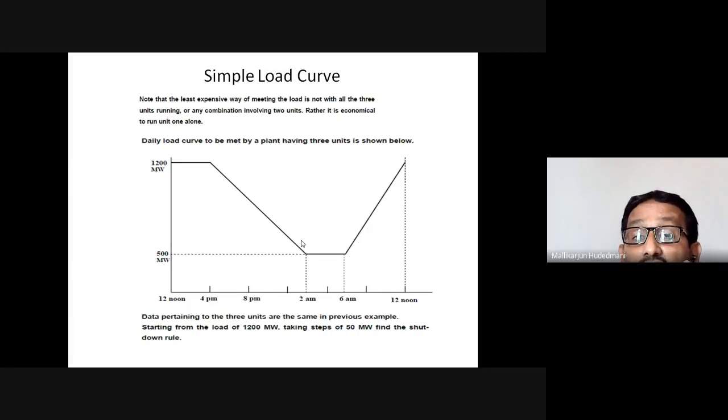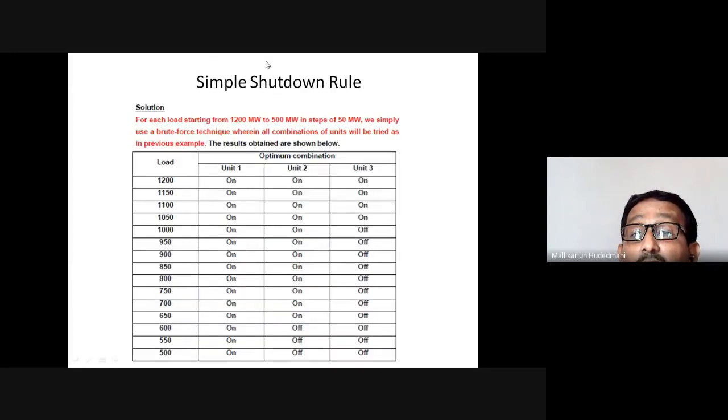The costliest machine in the combination has to be taken out first because its production cost is very high. Hence, the simple shutdown rule defines which generator to take out of the combination as the load falls in steps, for an economic state of operation.